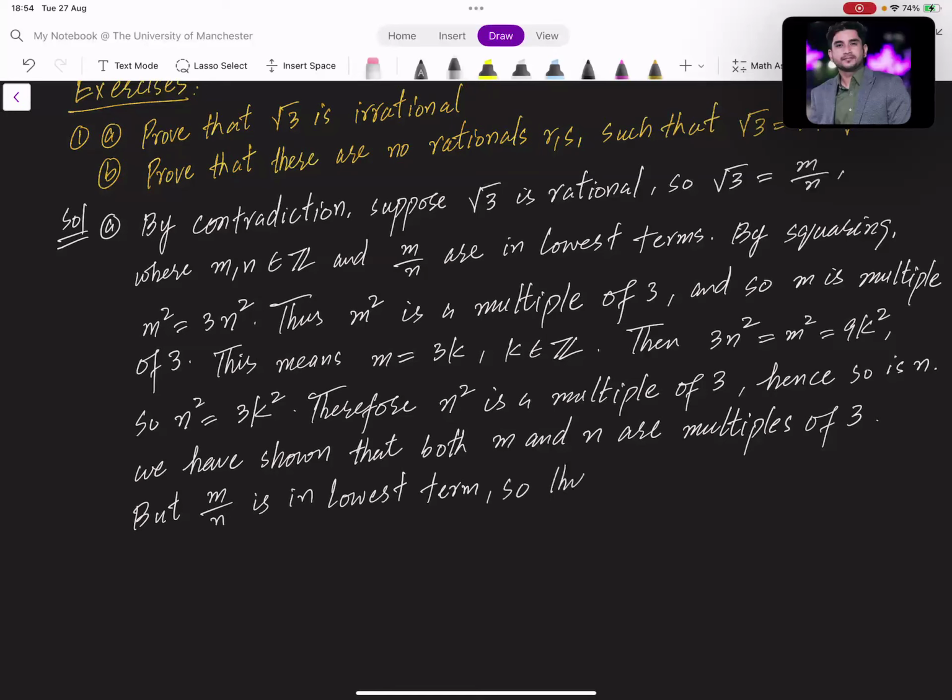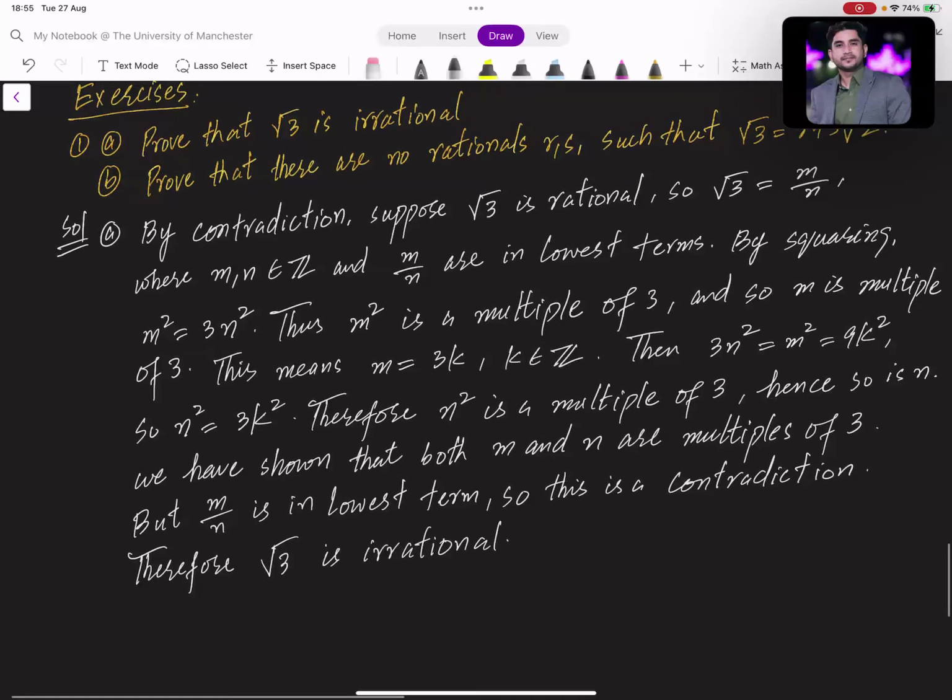So this is a contradiction. Therefore, under root 3 is irrational. Fact.